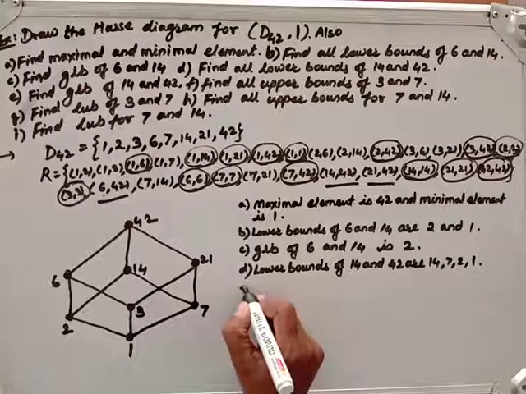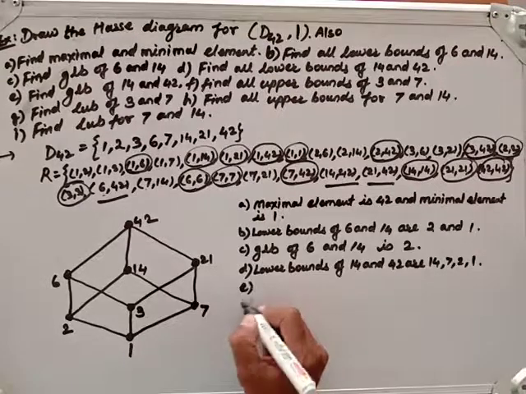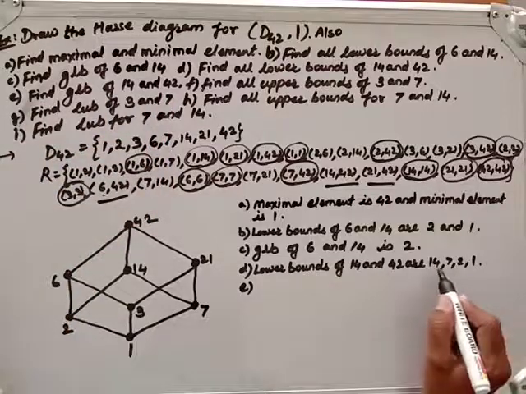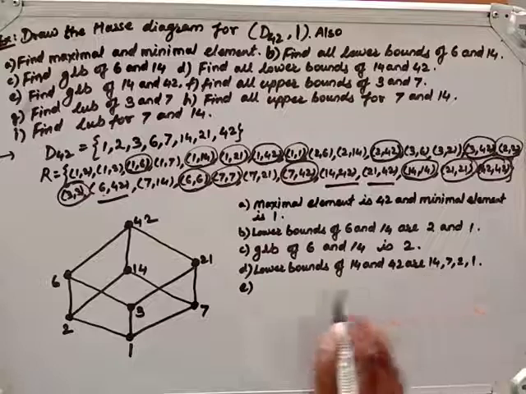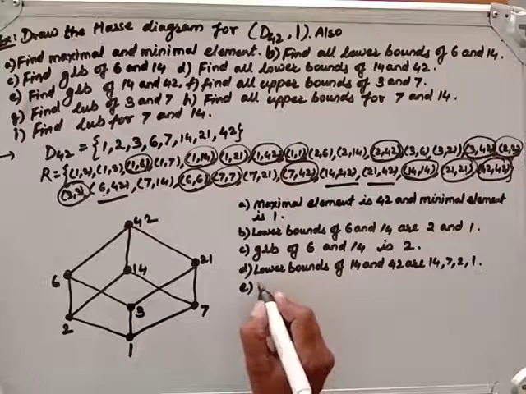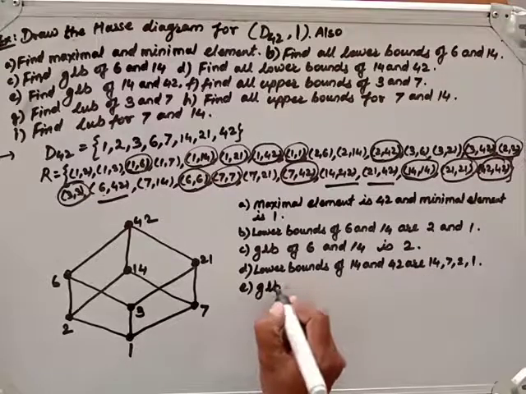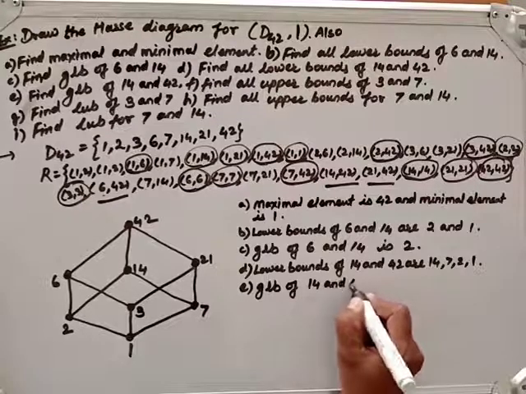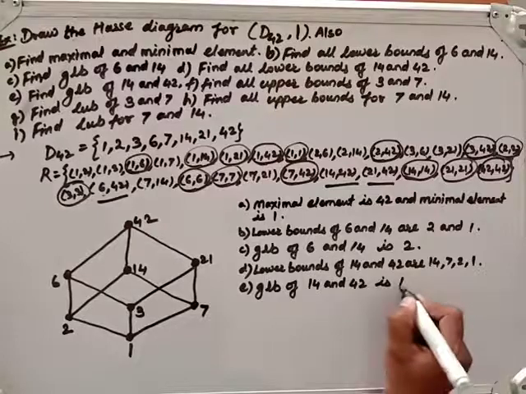Now the next one, E. Find the greatest lower bound of it. What is the greatest lower bound of these? The greatest lower bound is 14. So the greatest lower bound of 14 and 42 is 14.